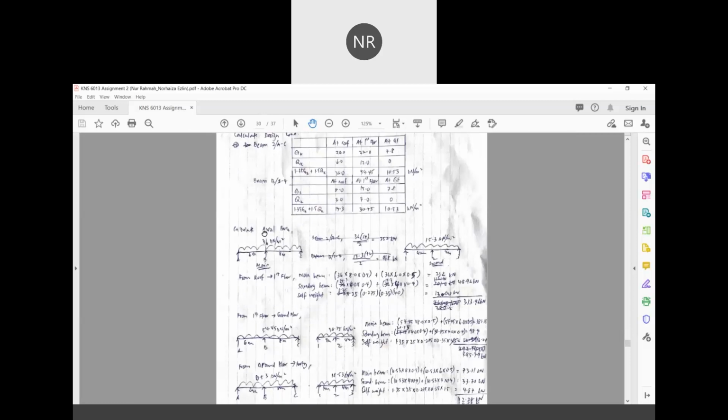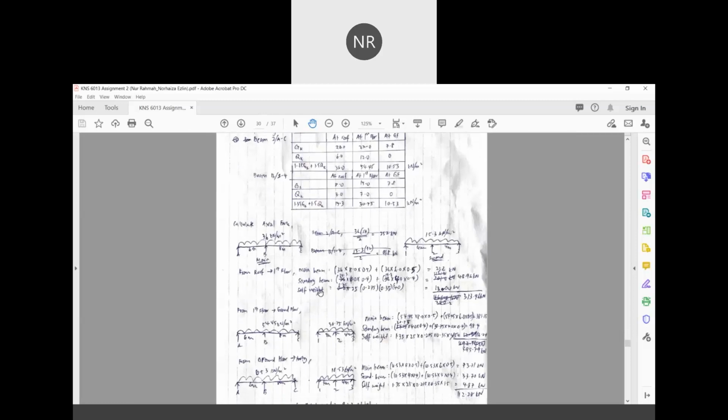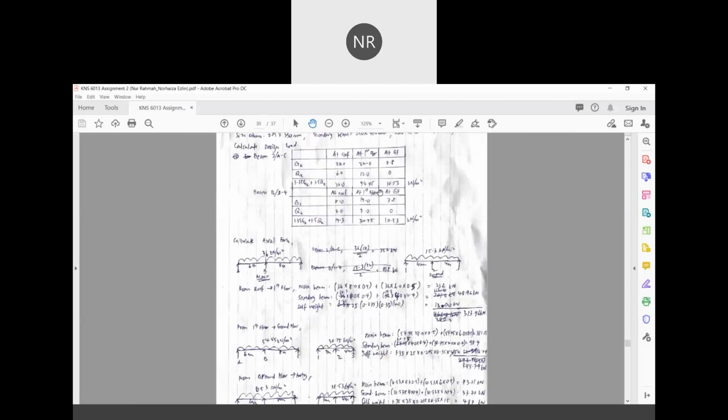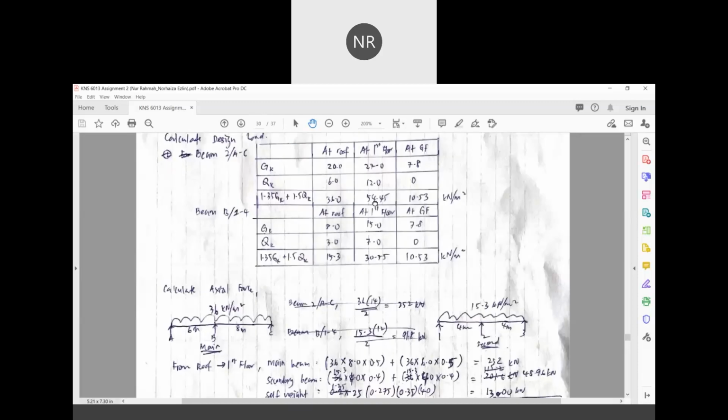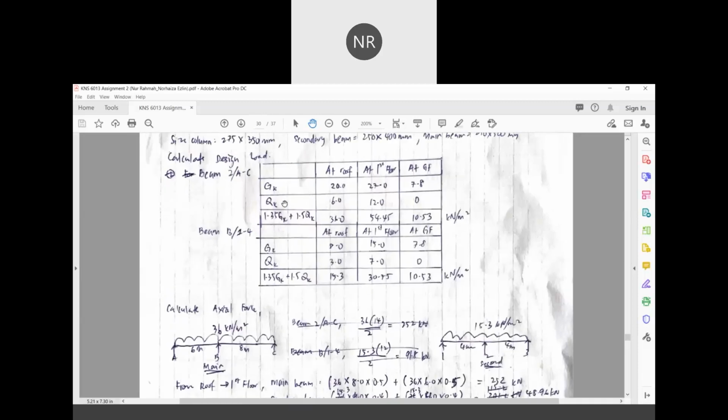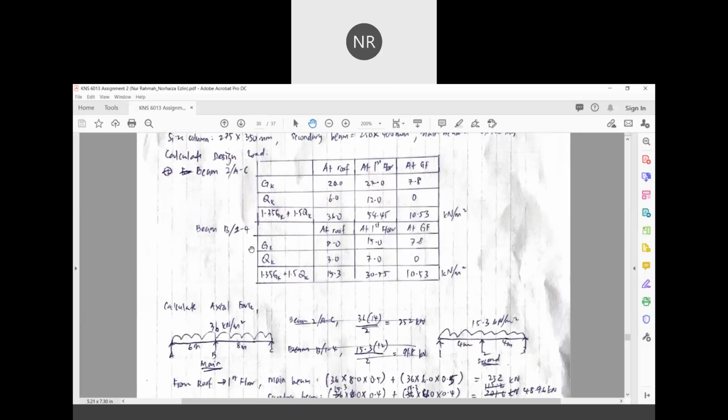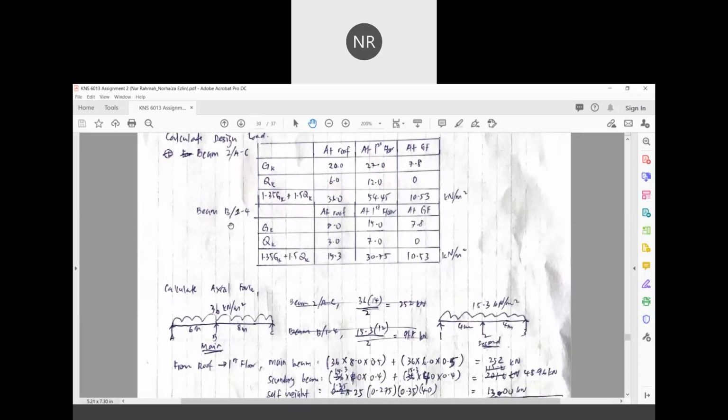So firstly, we have to get the actual force, the total design load, which is from the table. From the table, data is given here for beam 2 AC and also beam 3 1 to 4.